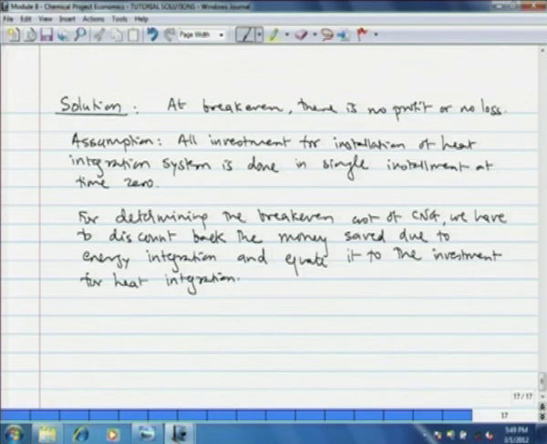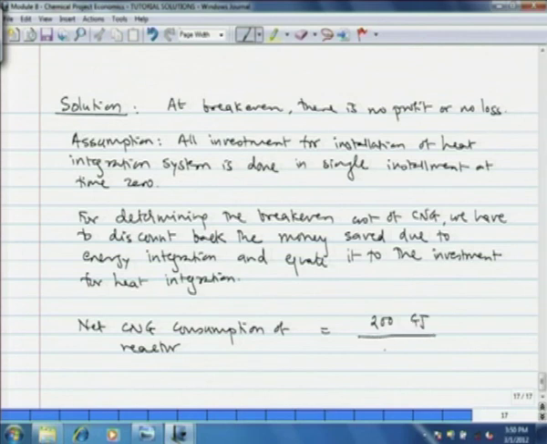Now, the net CNG consumption of the reactor is 200 gigajoule divided by the calorific value of CNG, 50 megajoule per kg, that is 4000 kgs.